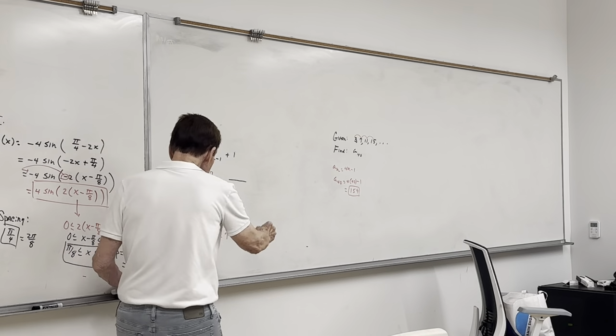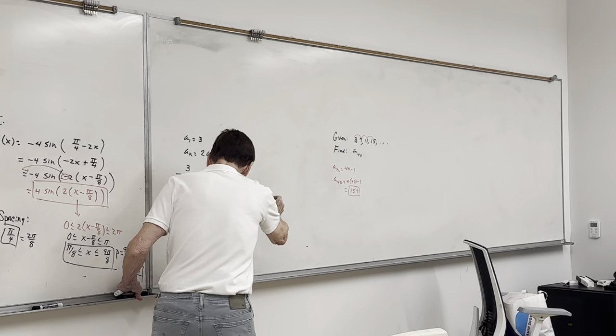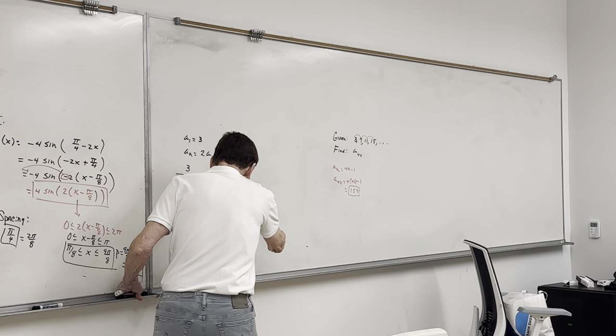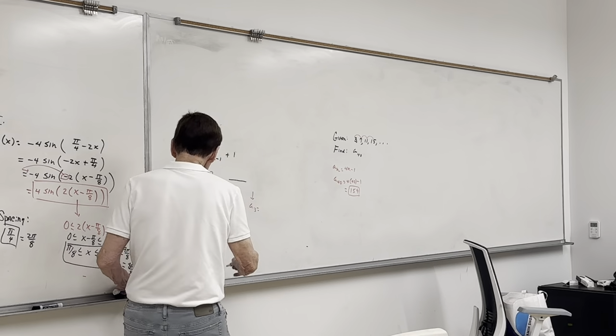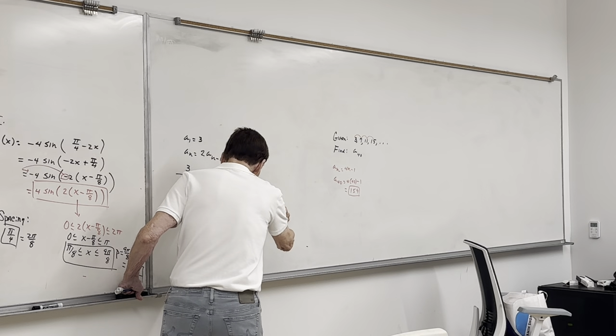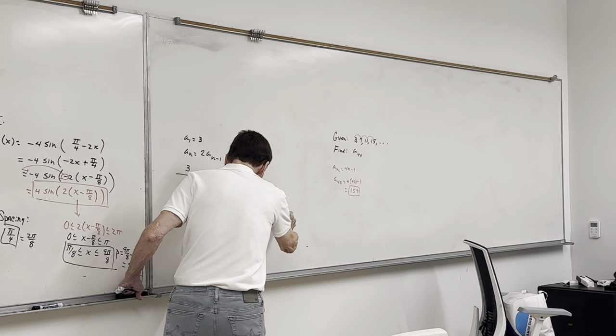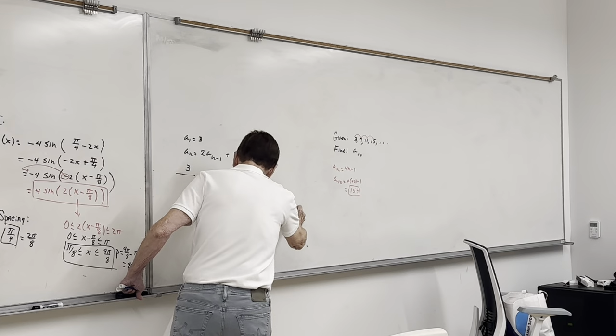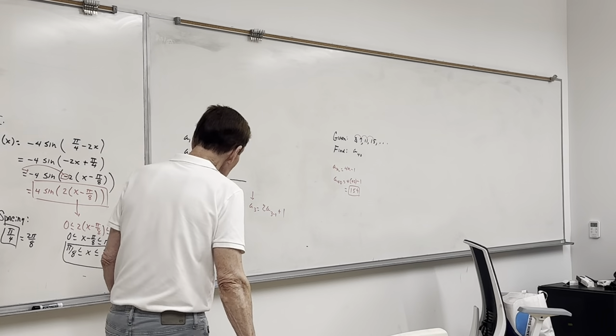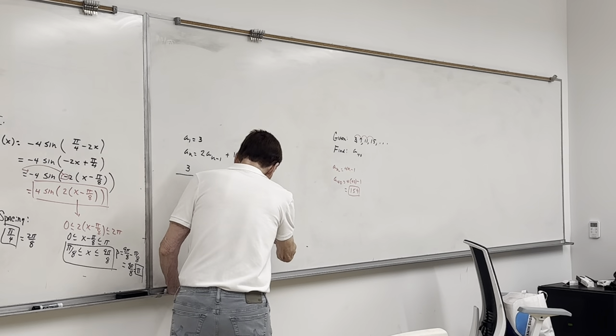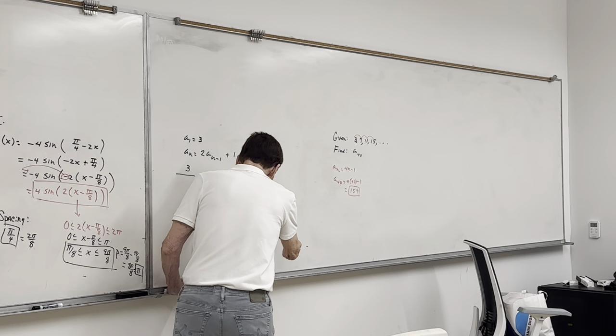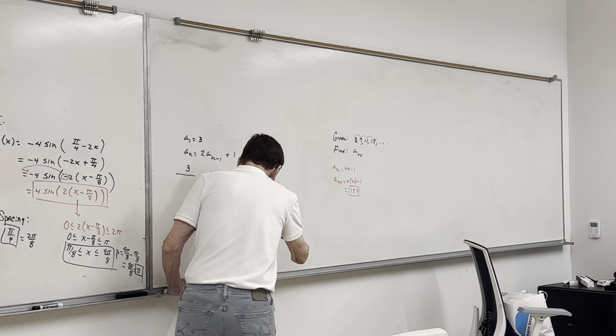Third term. If I use that recursive formula, A subscript 3 is equal to 2 times A subscript 3 minus 1, plus 1. And this, of course, becomes 2 times A subscript 2, plus 1.